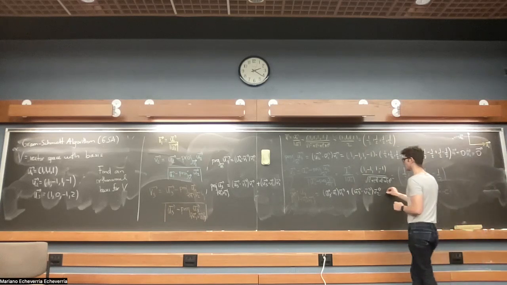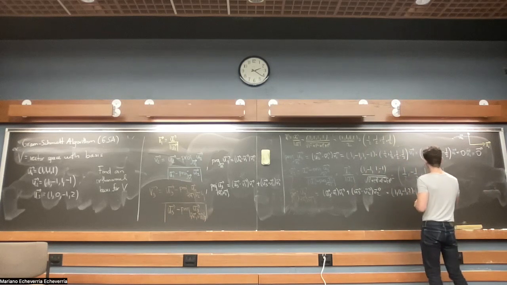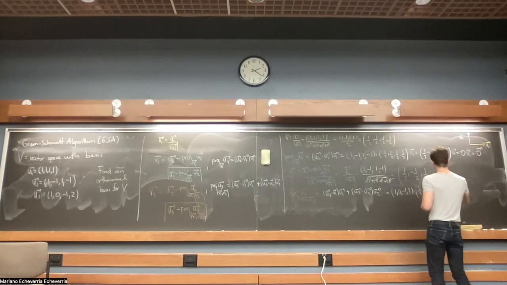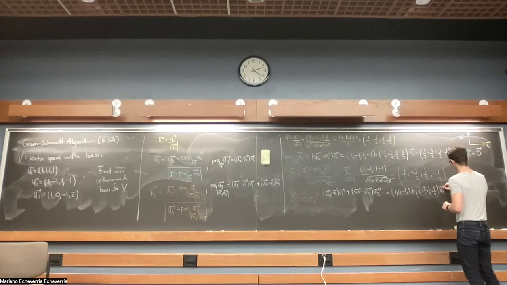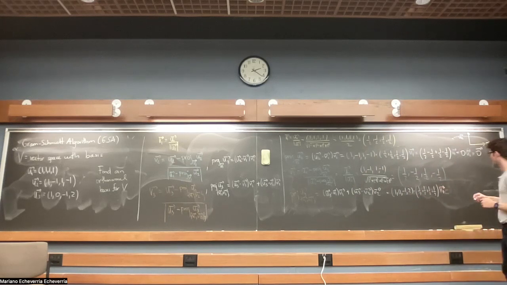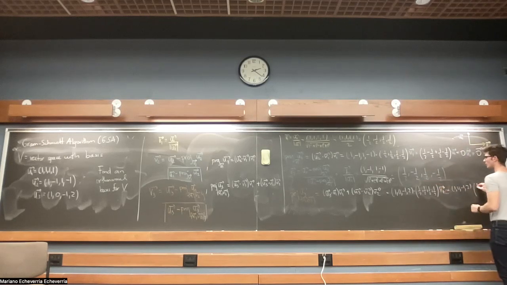Now we can do the dot products. U3 is 1, 0, negative 1, 2, dot B1, which is 1/2, 1/2, 1/2, 1/2, plus the other dot product, 1, 0, negative 1, 2, times this vector 1/2, negative 1/2, 1/2, negative 1/2, times B2.